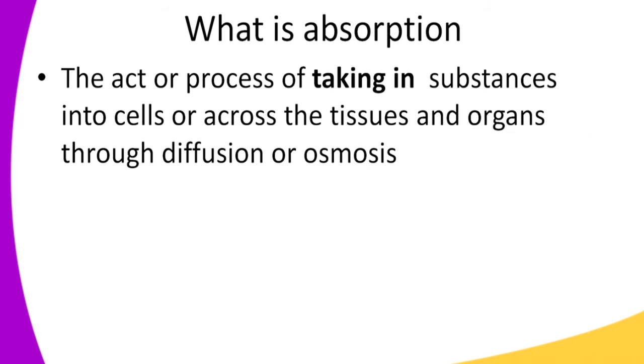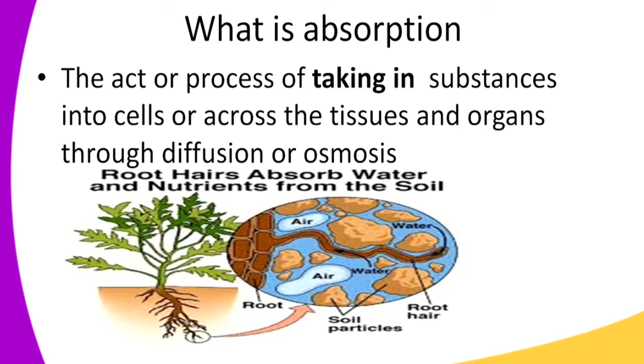Proceeding, let us now define what absorption is. This is the act or process of taking in substances into the cells or across the tissues and organs through the process we call diffusion or osmosis. From our illustration here, the roots, which are responsible for absorption, take in water and mineral salts from the surrounding soil particles.